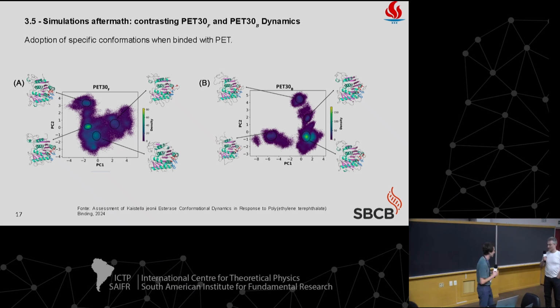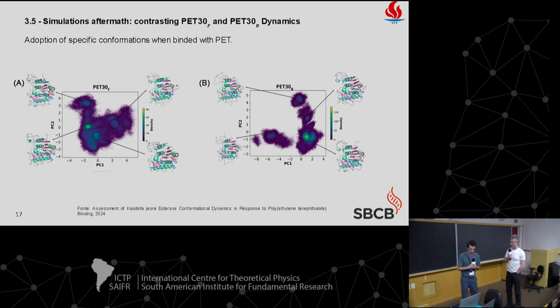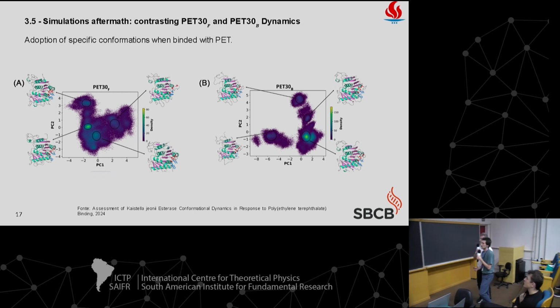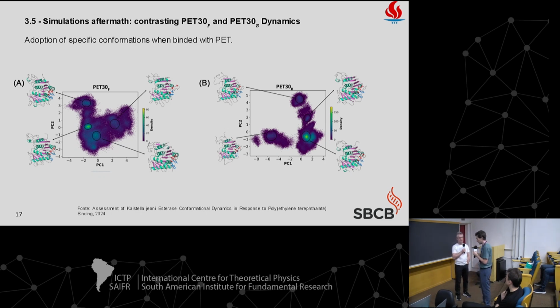Do your results allow you to say which one of the two variants works better? Actually, I do not work with variants, it's just a free system. I mean PET30 or ICTP-SAIFR. ICTP-SAIFR has a more efficient catalysis because it's more adapted to PET. PET30 is not really adapted to PET.